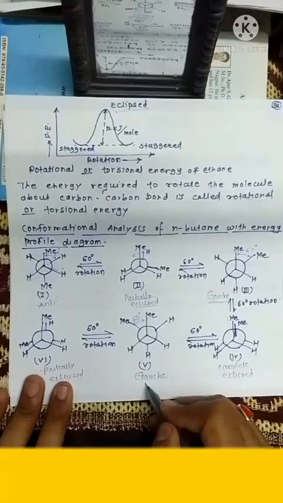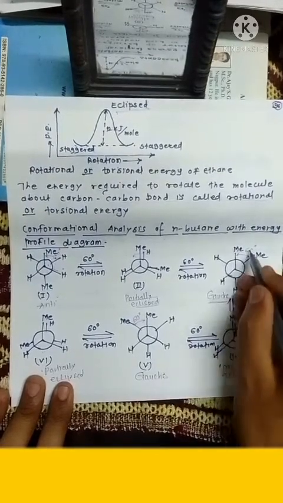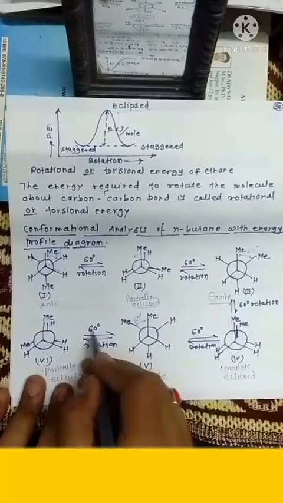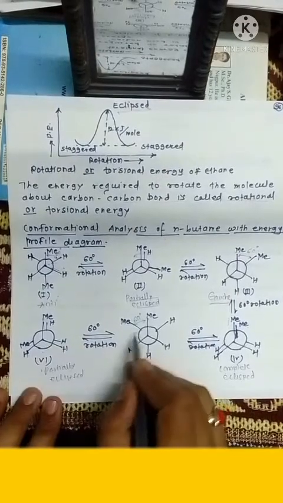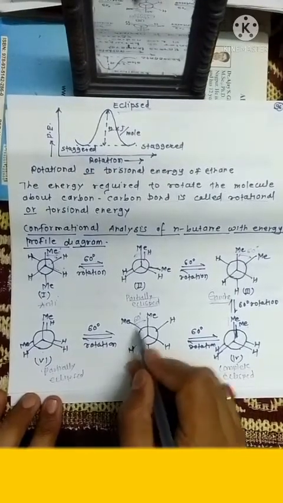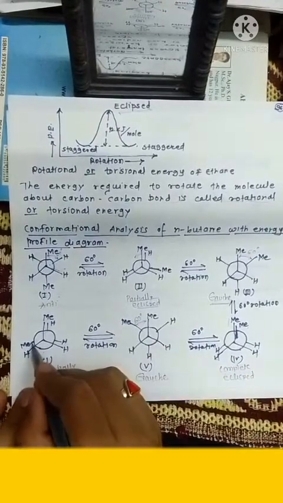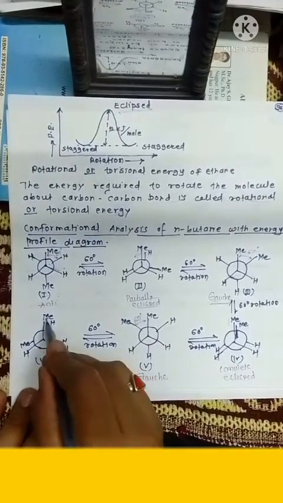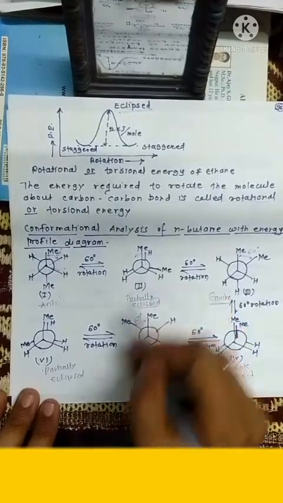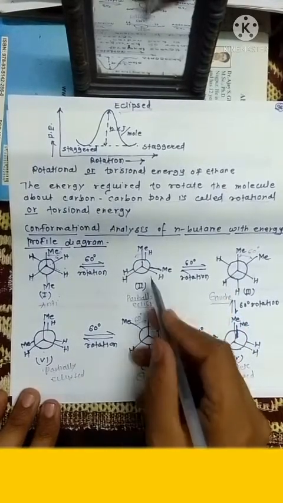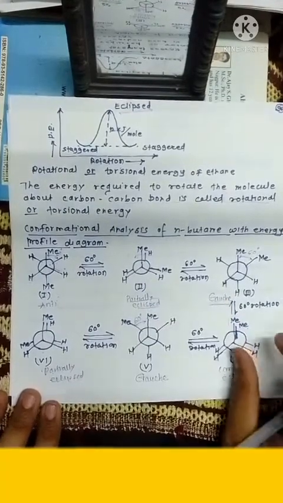That's why it is known as the Gauche conformer. If we again rotate the backward carbon by 60 degrees, then we come to an arrangement like this, which is similar to this arrangement, and that's why it is known as the partially eclipse arrangement.